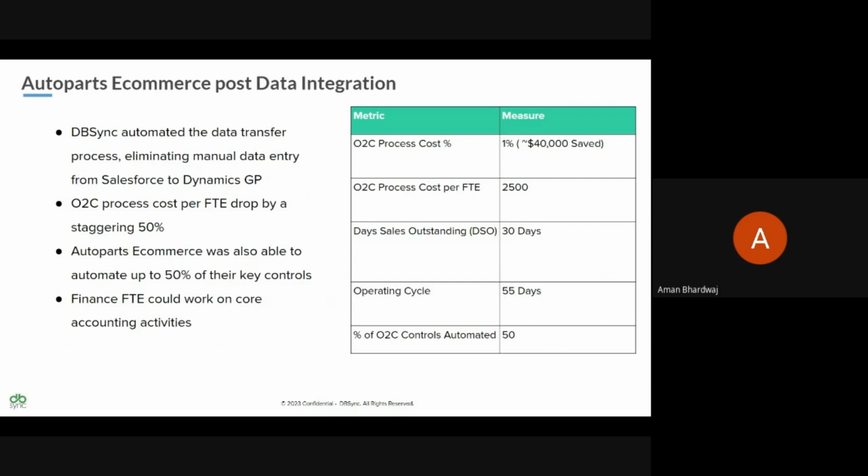There was one guy who was just doing it and his bandwidth was getting wasted, and the time was taken off his plate, where the core job was accounting, or they were part of the finance team. DB Sync was able to automate the data transfer process, and the O2C process cost across the whole system dropped by a staggering 50%.